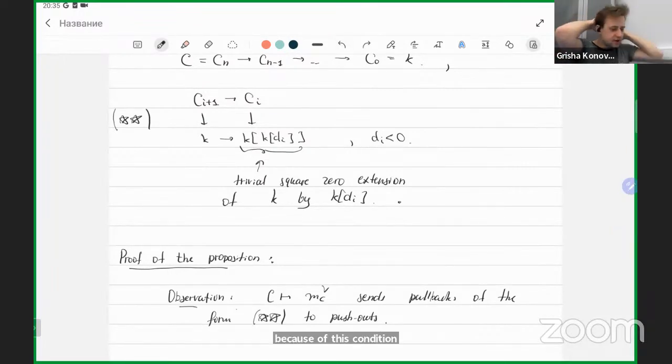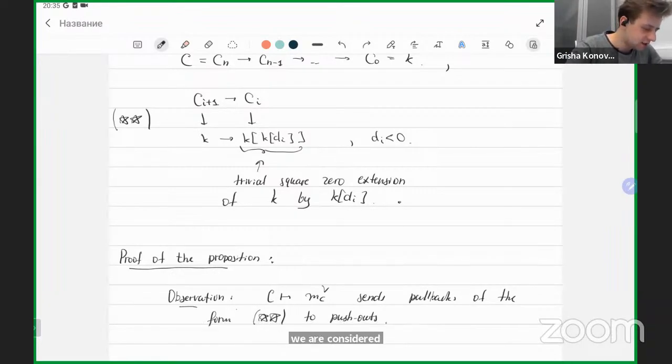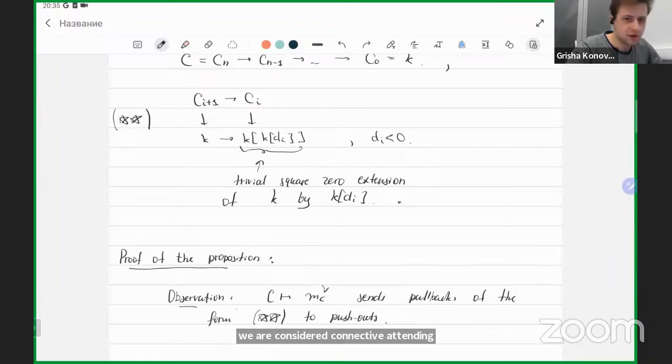And it has to do with the fact that we are considering connective Artinian algebras, and the functor from the category of connective vector spaces to the category of all vector spaces does not preserve limits, but it preserves this particular type of pullbacks. And that's maybe a good exercise to think about.